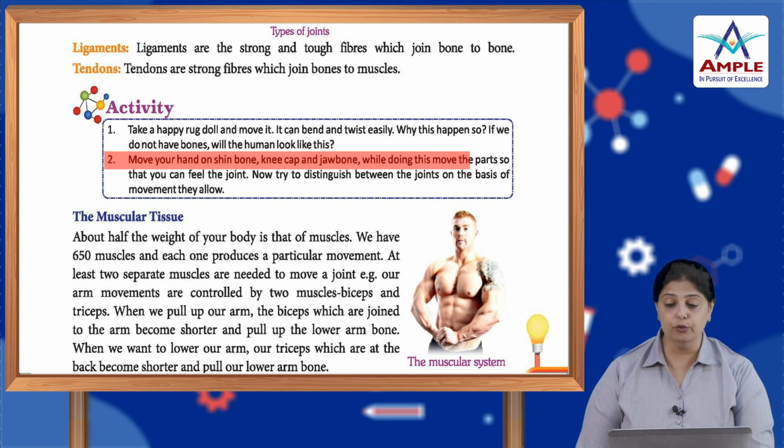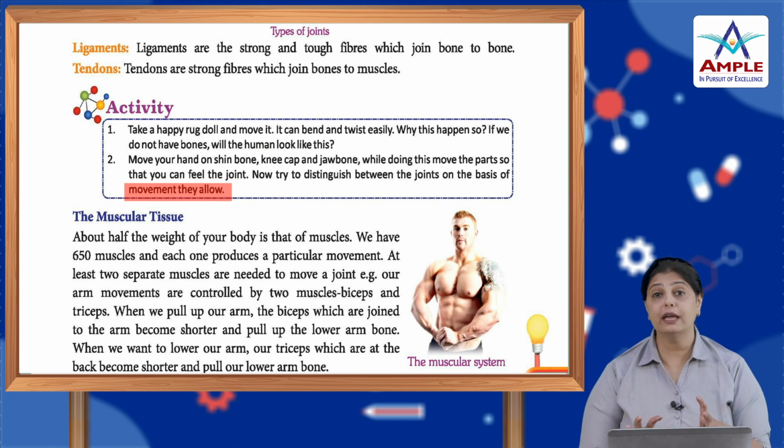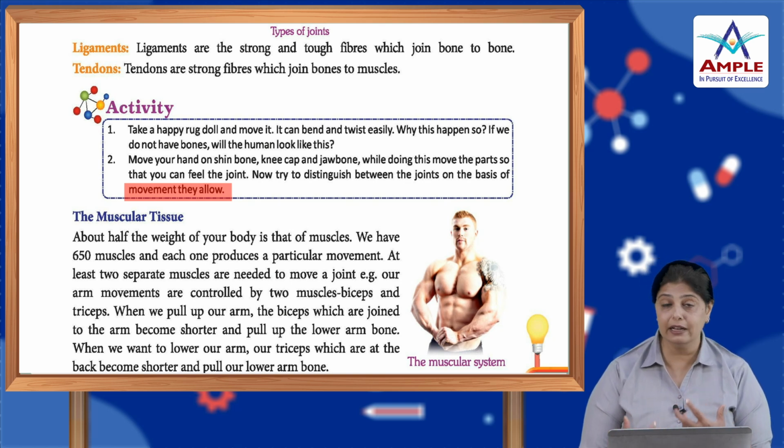While doing this, move the parts so that you can feel the joint. Now, try to distinguish between the joints on the basis of the movement they allow. Try this experiment with the shin bone, the kneecap and the jawbone, and see whether you can know what the movement is and how it happens.